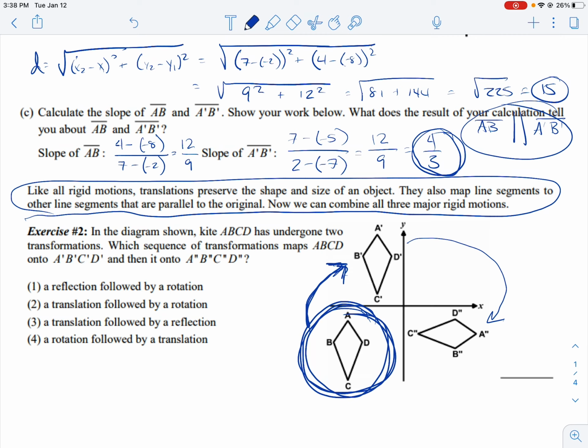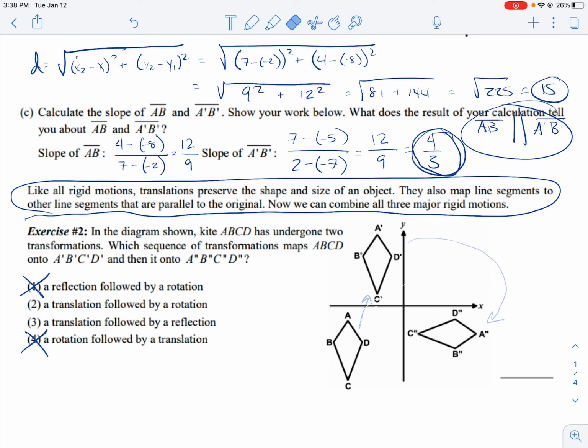Notice that A, B, C, and D are in the same spot, right? A is north, C is south, D is east, B is west, all right? So all we did was we just took this image of this triangle, or I'm sorry, kite, and we shifted it up to that spot, okay? So automatically, we can get rid of 2 of those answers, okay?